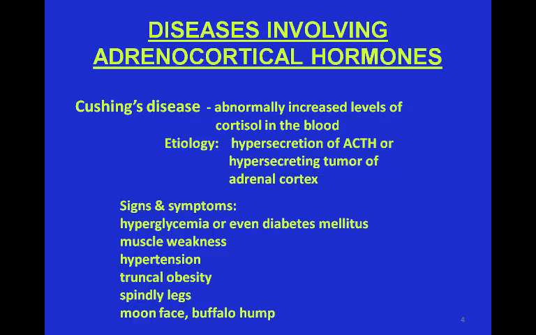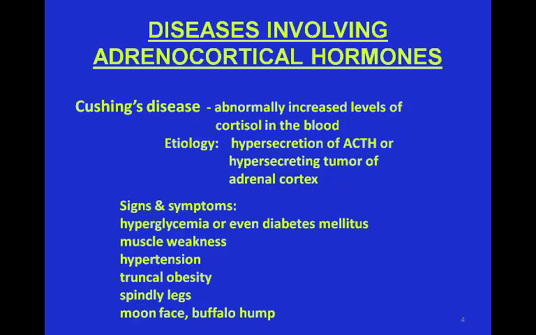Cushing's causes muscle weakness, hypertension, truncal obesity, which means the trunk of the body, the thorax and the abdomen, have an accumulation of fat deposited in the area. On the other hand, the legs are spindly, meaning the legs are thin. The face is usually very full, and there's frequently a mass of tissue at the nape of the neck that is called the buffalo hump, unattractively enough.